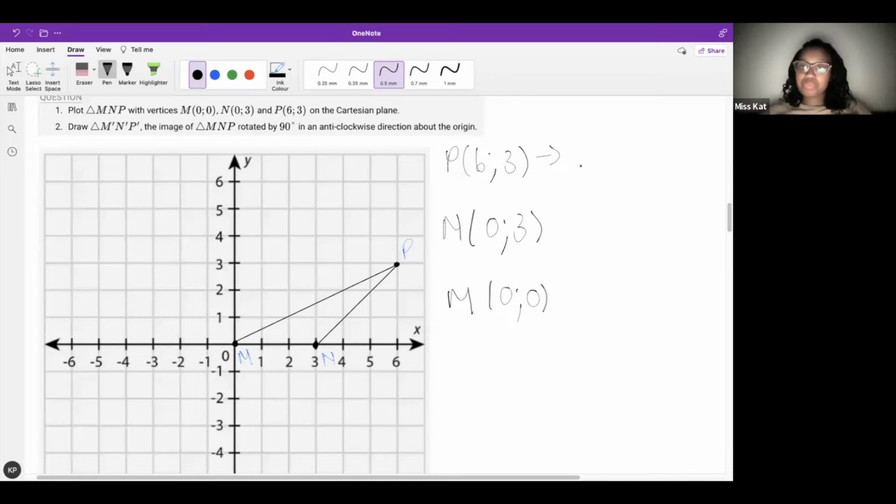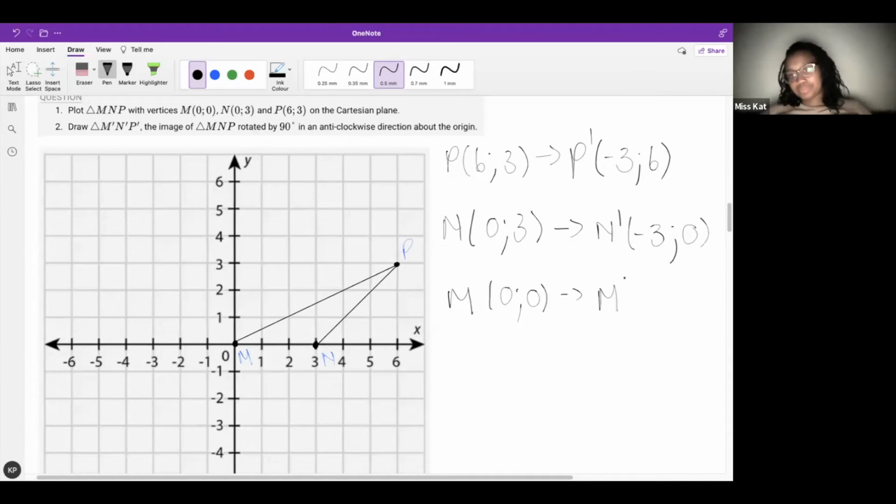So it's going to be -3, 6 basically. And there's going to be -3, 0. And M stays the same. Thank you, Fatima. Thank you very much.